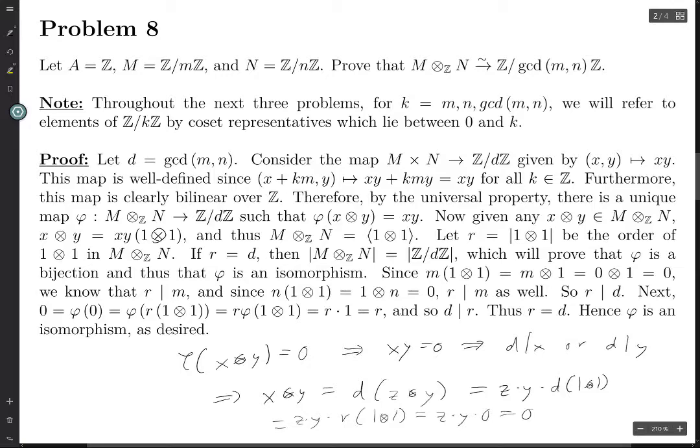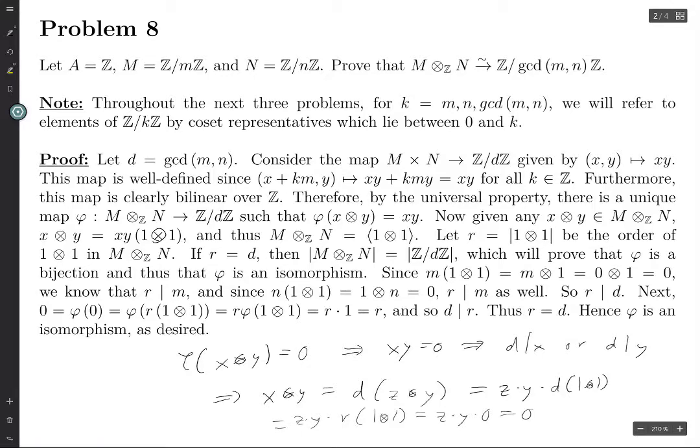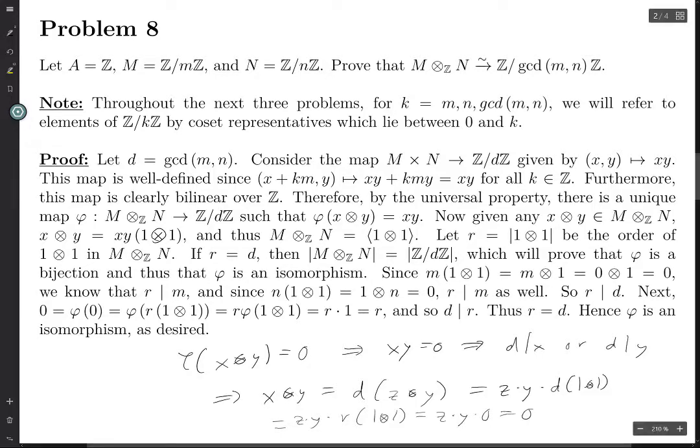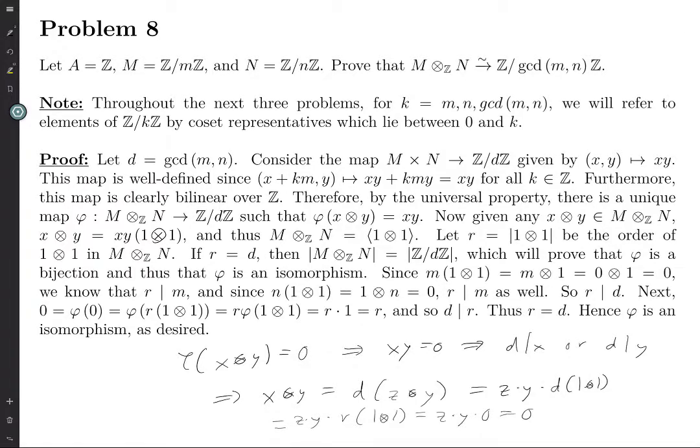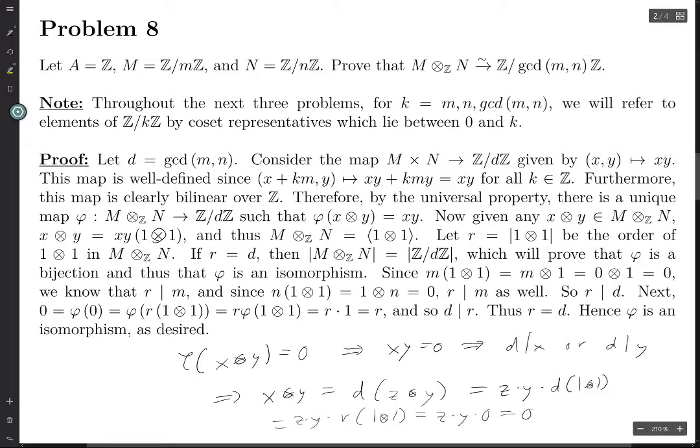I feel like there should be a one sentence thing that takes us automatically to bijectivity. There's probably a very easy solution, but this certainly is also a solution. It just might not be a good one if I'm running around in circles a little bit and not taking a direct path to the final answer, if that makes sense. But anyway, let's just prove that r is equal to d.